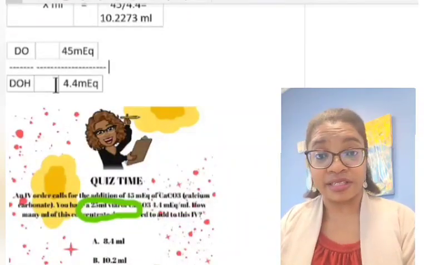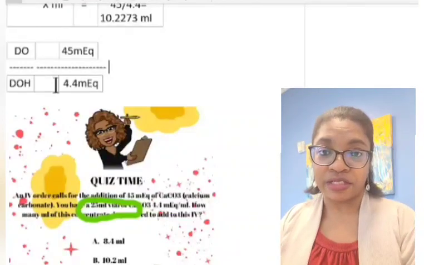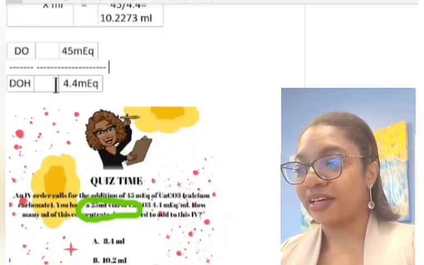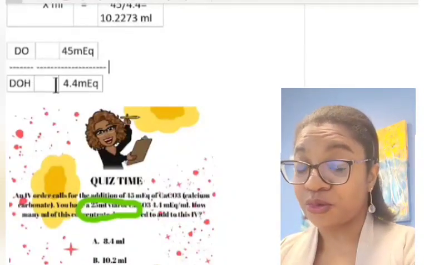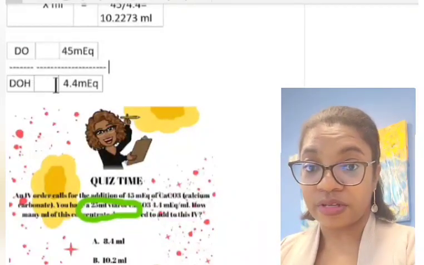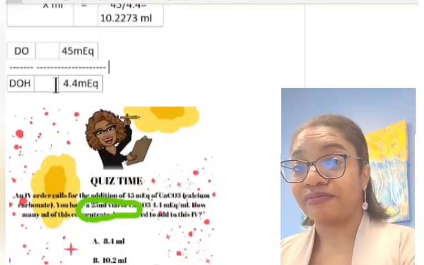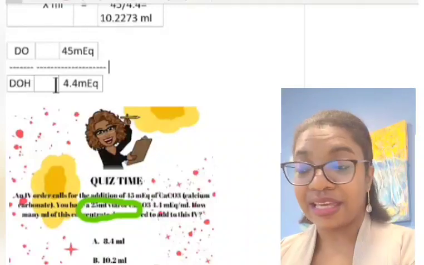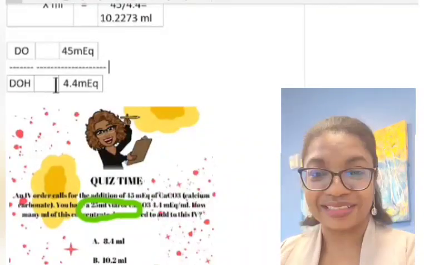If you were to study it separately, you would research basic formula exam questions. So 45 divided by 4.4 milliequivalent, but that's not the full dose on hand equation. It's actually 4.4 milliequivalent per 1 mL.